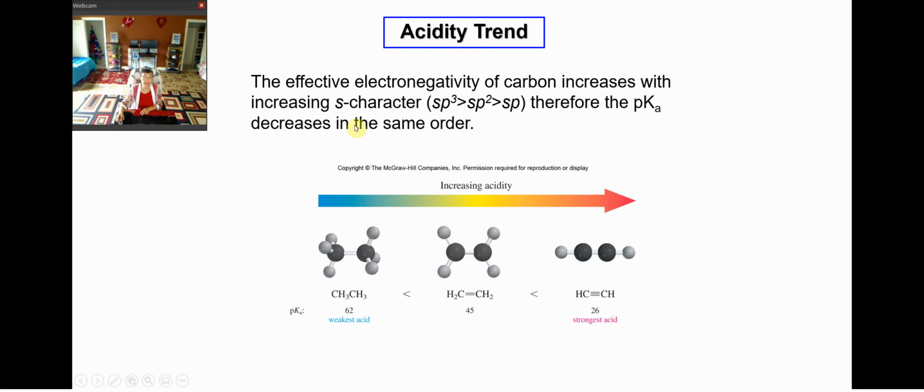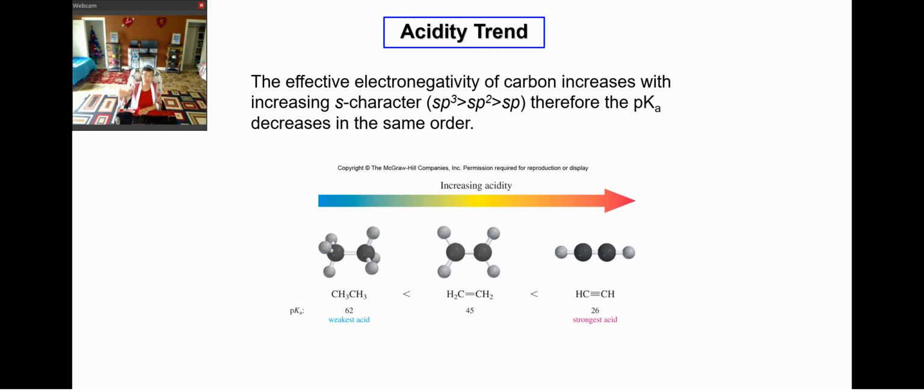About the acidity trend, usually here is our rule. As the s character increases from 25% all the way to 50%, your pKa will become smaller. From alkane to alkene to alkyne, you see the pKa go from 62 to 45 to 26, meaning the acidity increases.